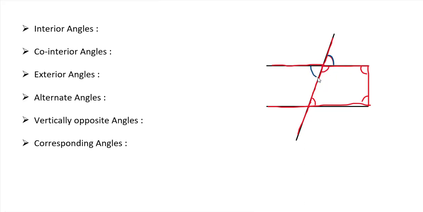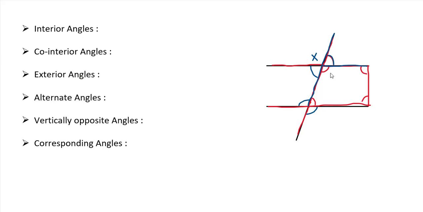Even this angle will be an exterior angle. On similar lines, this angle and this angle will also be called exterior angles. Now this angle will not be an exterior angle because this angle is formed between two extended parts of the figure. For exterior angle, one portion should be the extended part and the other portion should be the part of the figure. Then only it will be called an exterior angle.